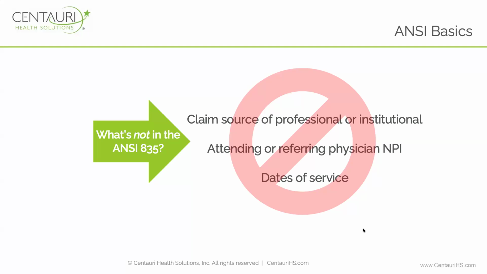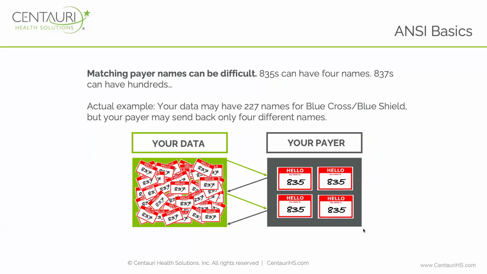And again, dates of service aren't on there either. Now, this is something I've shown to people over and over again because it's almost like they don't believe me. If you go look in your billing system, your accounts receivable system, I challenge you to count how many payer names you have, because it's very typical to have 800 to 2,000 names in there.